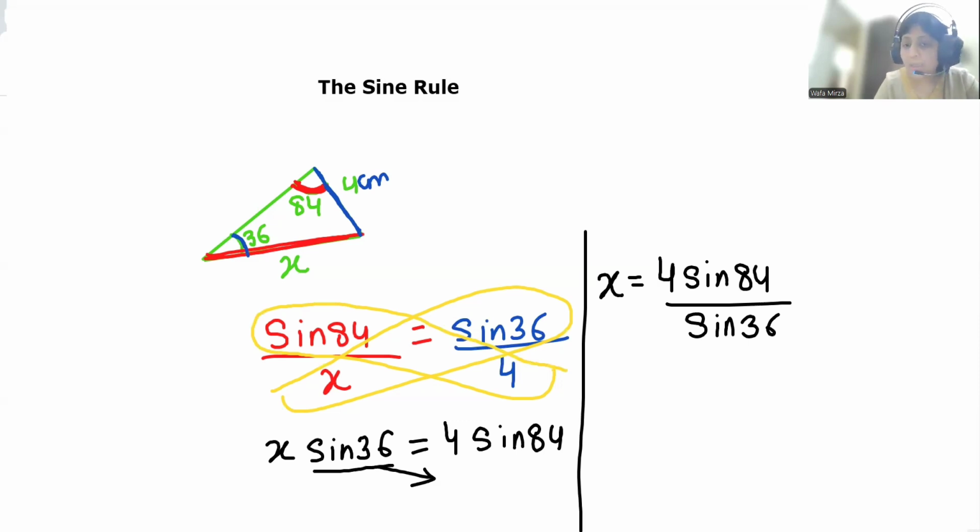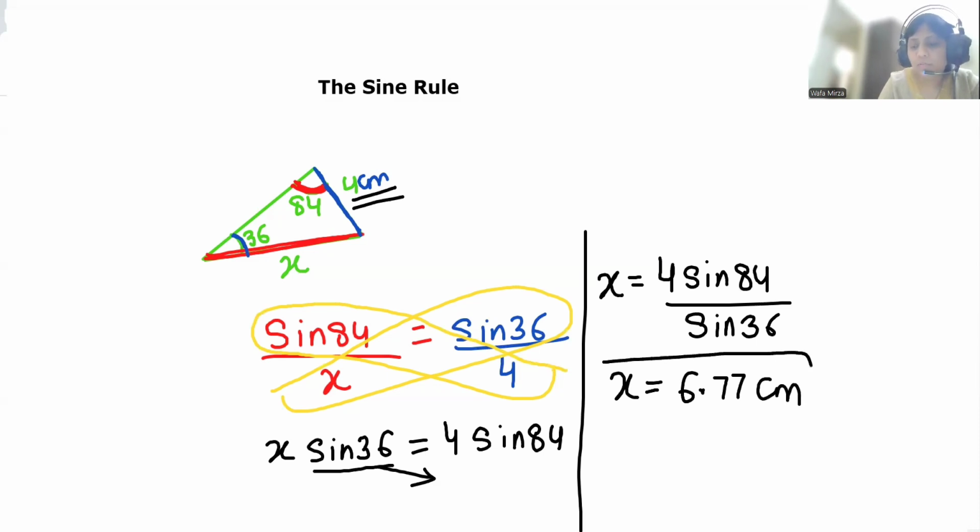If I round my answer to 2 decimal places, I will get 6.77, and since this length is in centimeter, x will also be in centimeters. So this is how I can use sine rule if you are given 2 angles of a triangle and one of the sides. Okay, let's take the next example.